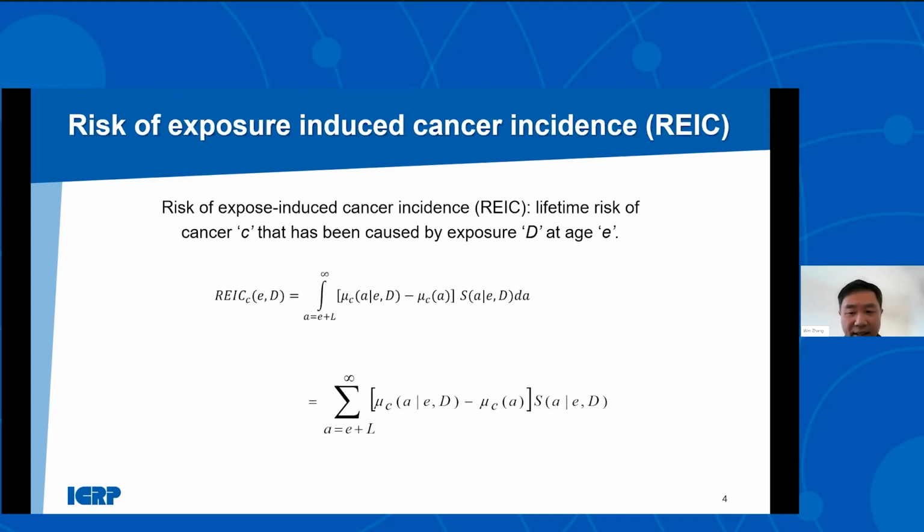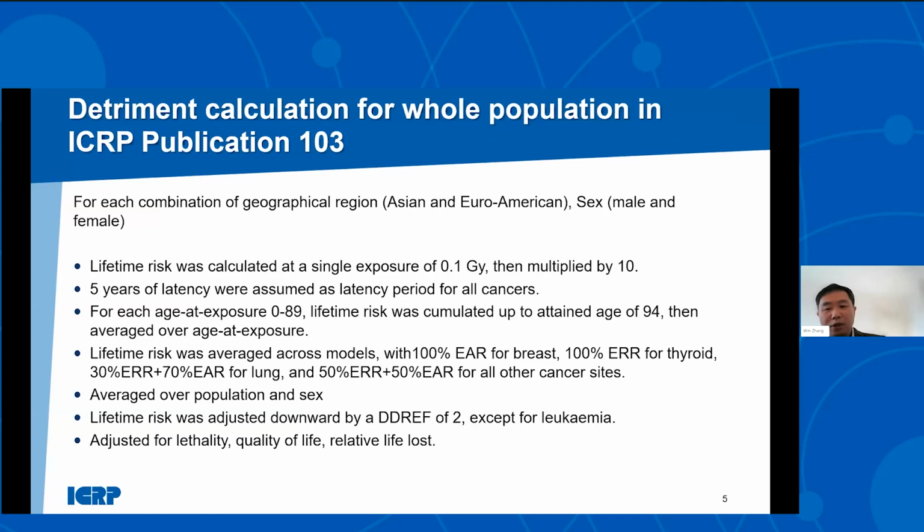It is basically the cancer incidence with radiation exposure minus the cancer incidence without radiation exposure, multiplied by the survival function, and then summed from the age at exposure E plus L, the latency period, to the end of life. Although the formula looks quite simple, many parameters are used in the detriment calculations.